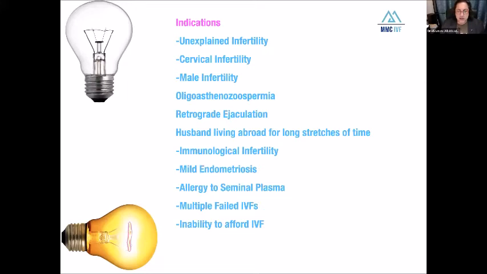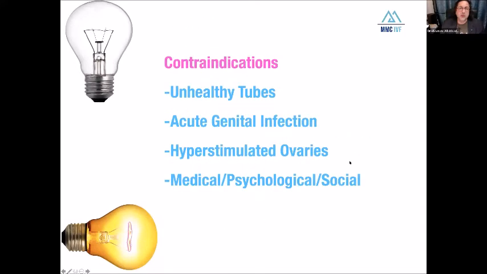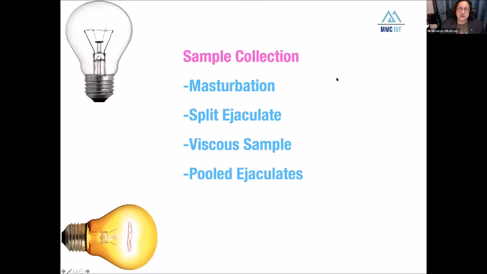The patients have to be pushed through multiple cycles of IUI, and that is another indication. What are the contraindications? Unhealthy tubes, acute genital infection, either vaginal, cervical, whatever, is an absolute contraindication. Hyperstimulated ovaries and medical, psychological, social factors are relative contraindications.